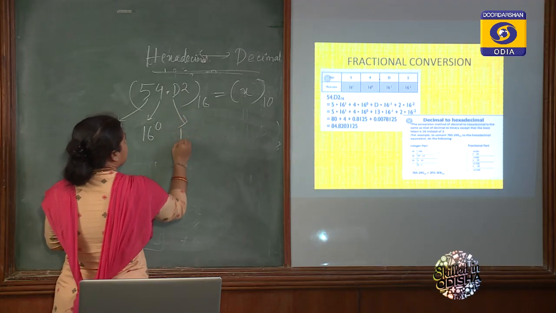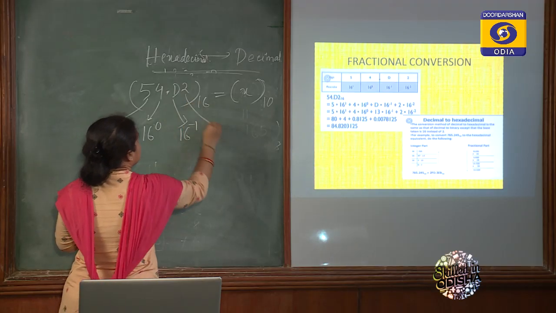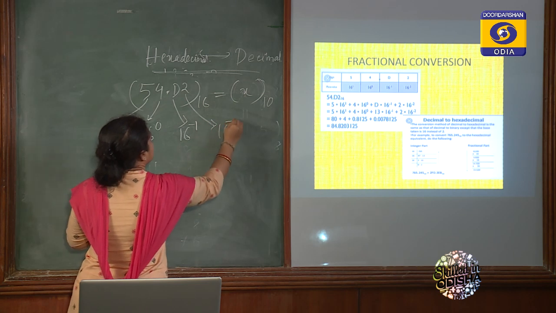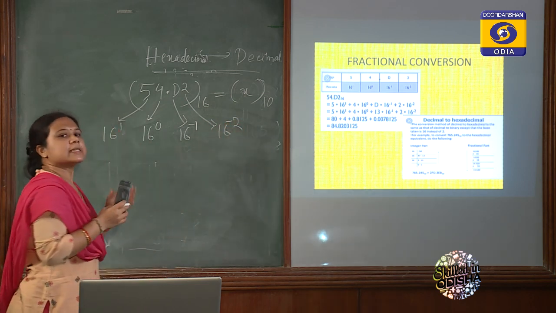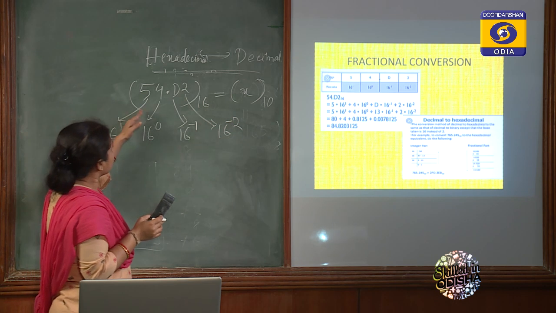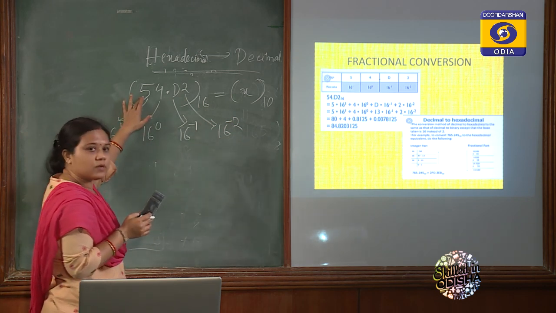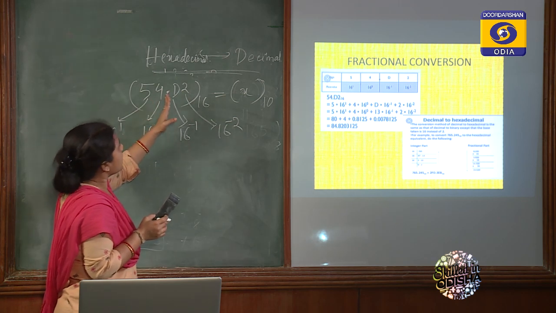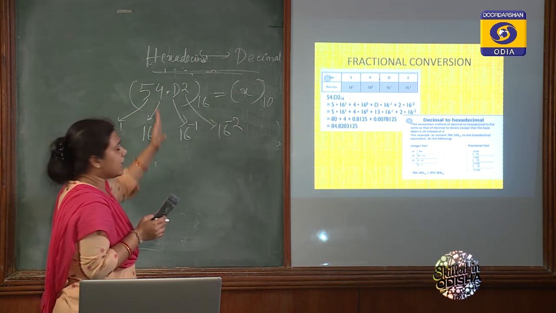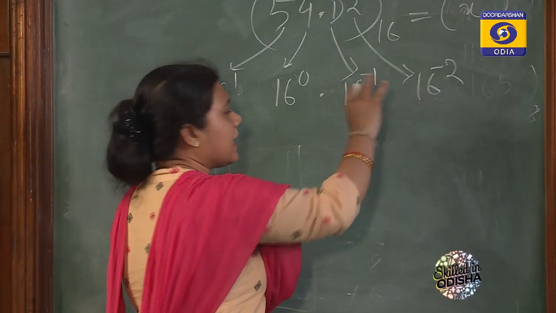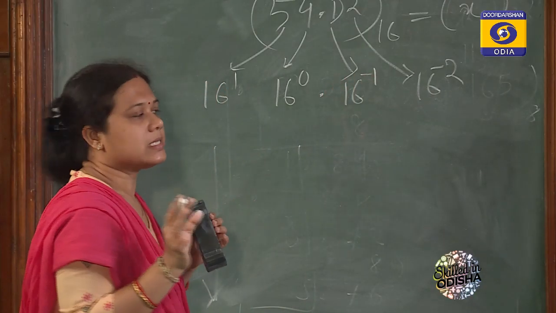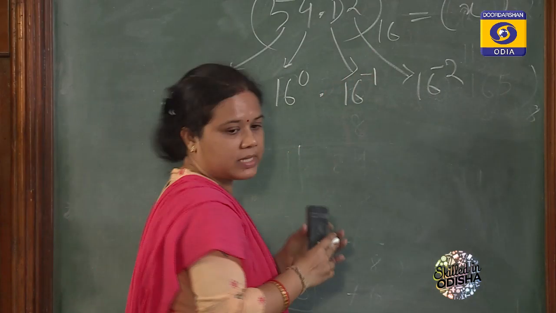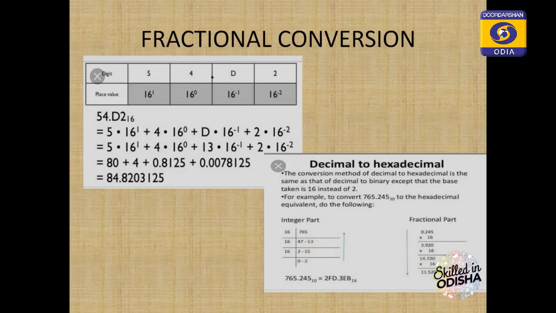After the decimal point it will be 16 to the power minus 1 and 16 to the power minus 2. I multiply each digit with its positional weightage, put the decimal point here, and add all these factors together. The answer that comes will be our equivalent decimal representation.